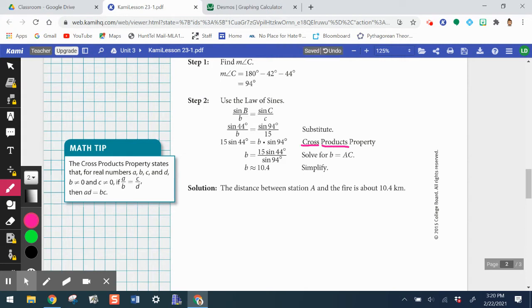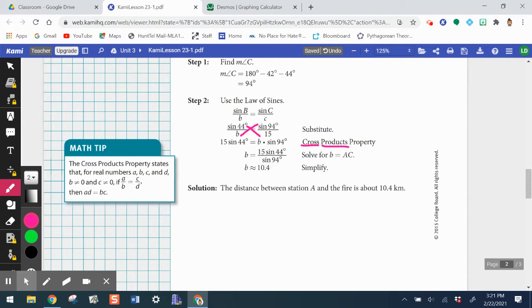Cross multiplication, we often refer to it. So they cross multiplied here. Sine of 94 times b is b times the sine of 94. And 15 times the sine of 44 is 15 times the sine of 44. So now they are going to divide, if this is b times the sine of 94, divide both sides by the sine of 94, and we get just b by itself.